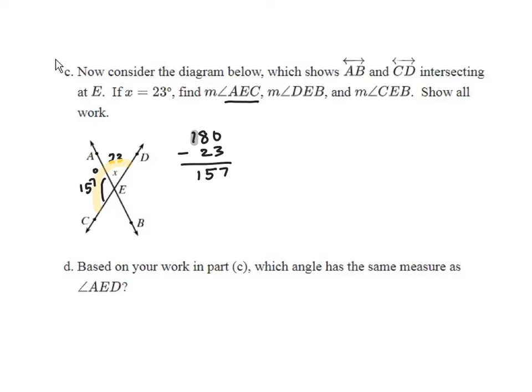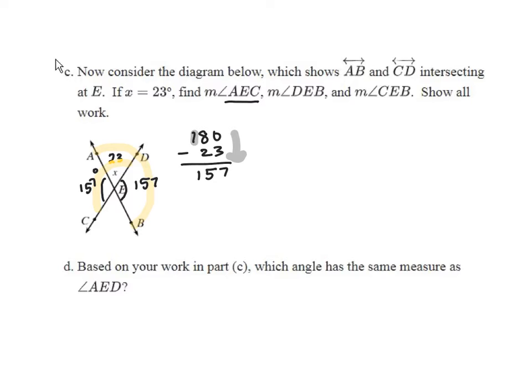So that's AEC. The measure of DEB is over here. So again, if I take a look at this angle measure right here, from here all the way over to here is 180. So I have basically the same measurement. 180 minus 23 degrees is also 157.